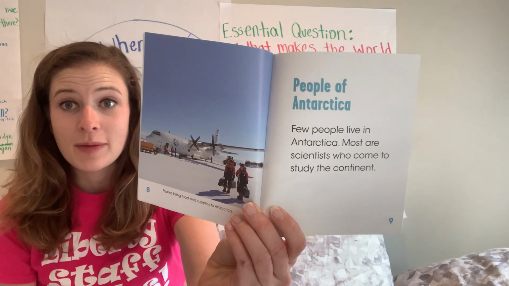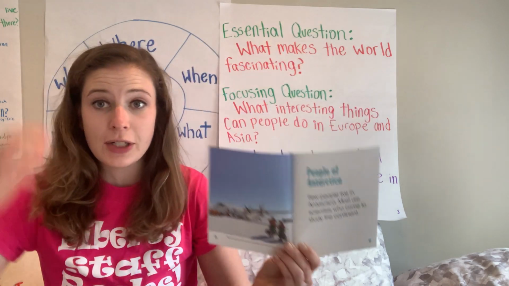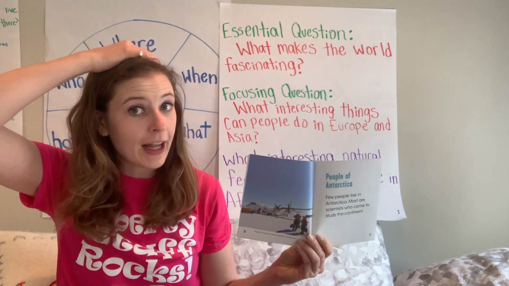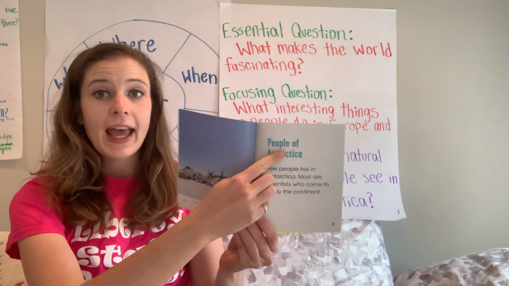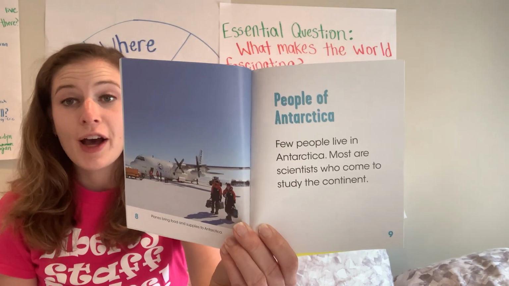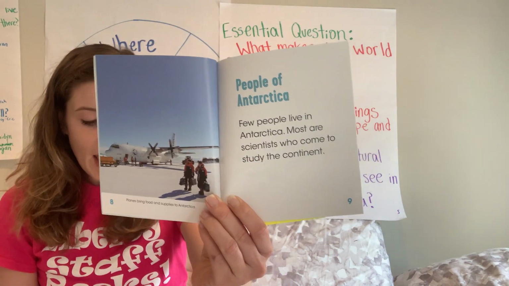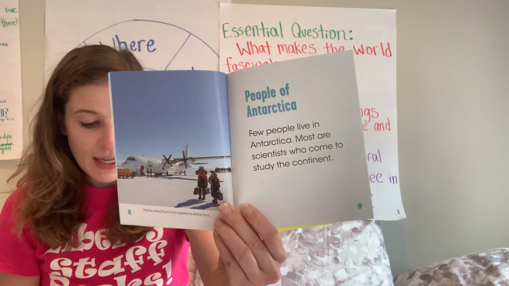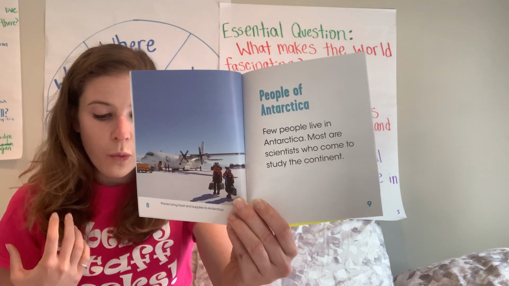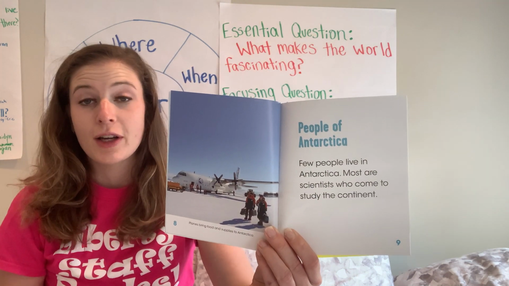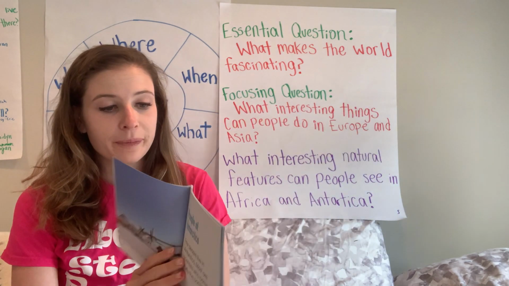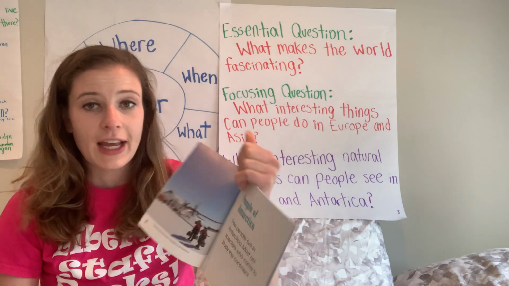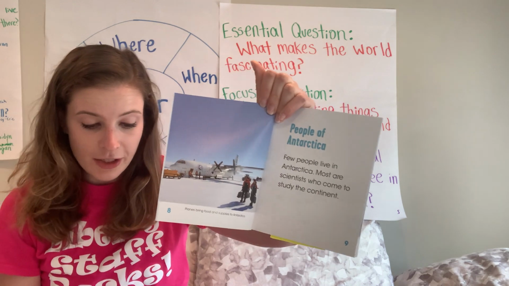The heading on this page is at the top. Just like our heads are at the top of our bodies, the heading is at the top of the page. And remember, headings tell you the topic and they help you to know what that part of the book is going to be about. So the heading right here says, People of Antarctica.